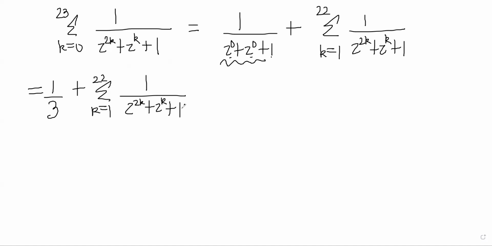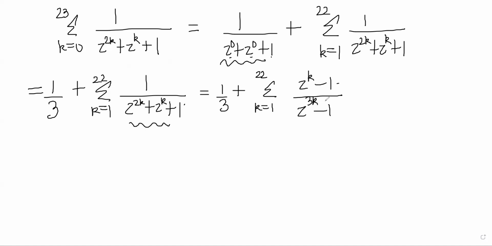Now we try to simplify this new summation, k from 1 to 22. By the GP formula, this can be easily written as 1 by 3 plus summation k goes from 1 to 22, with z power 3k minus 1 in the numerator and z power k minus 1 in the denominator. And we know that z power k is the same as z power 24k. Why?